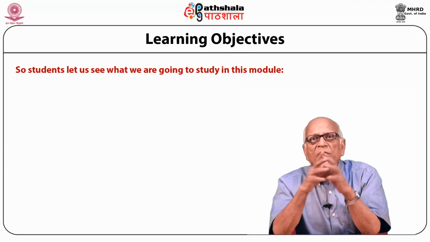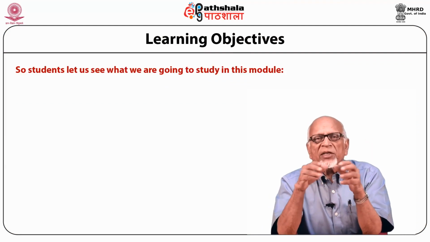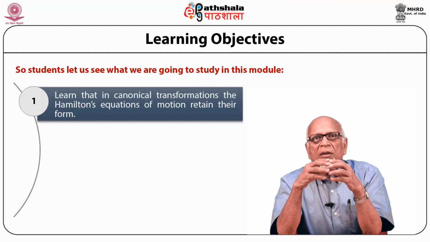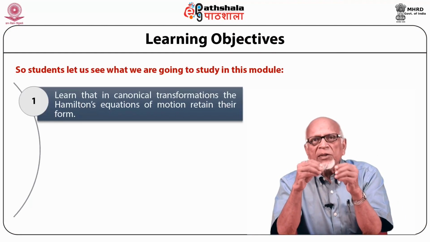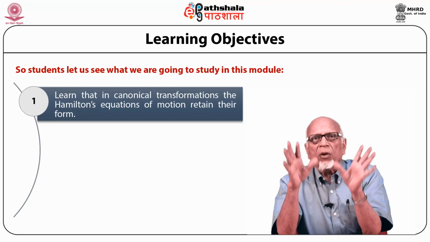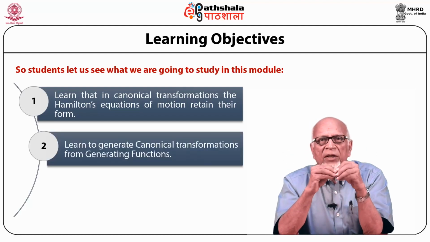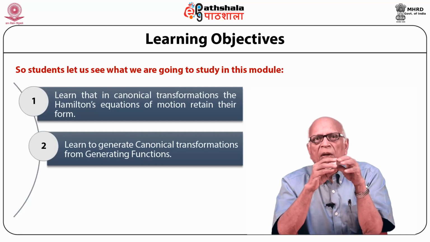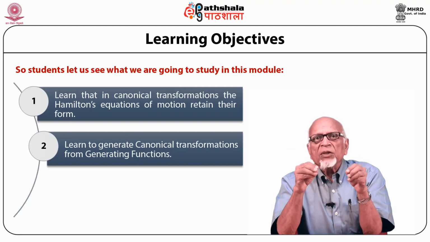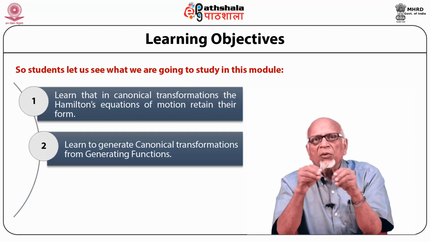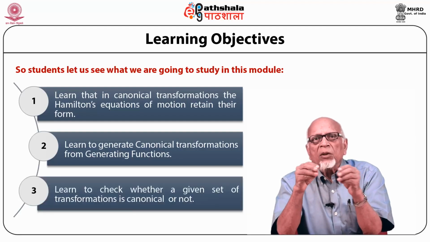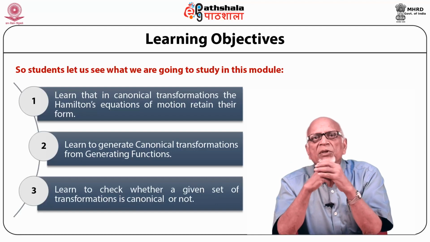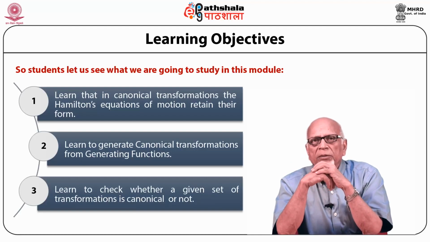After studying this module, you should be able to understand and learn that in canonical transformations, the Hamilton's equations of motion retain their form. You will learn to generate canonical transformations from a generating function, and given a set of transformations, you will be able to check whether these transformations are canonical or not.